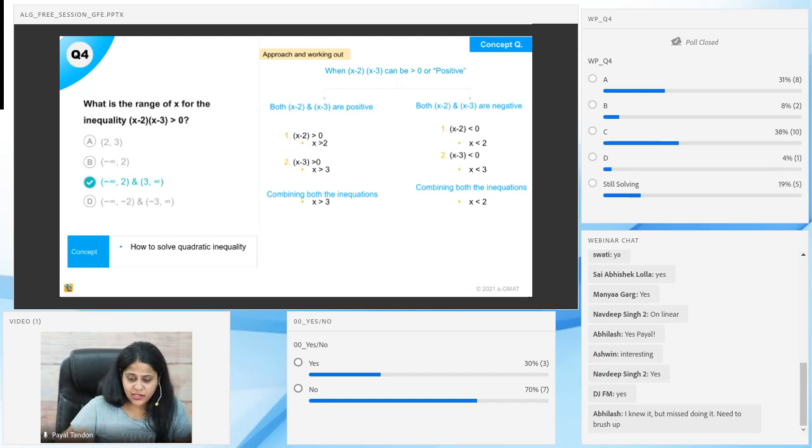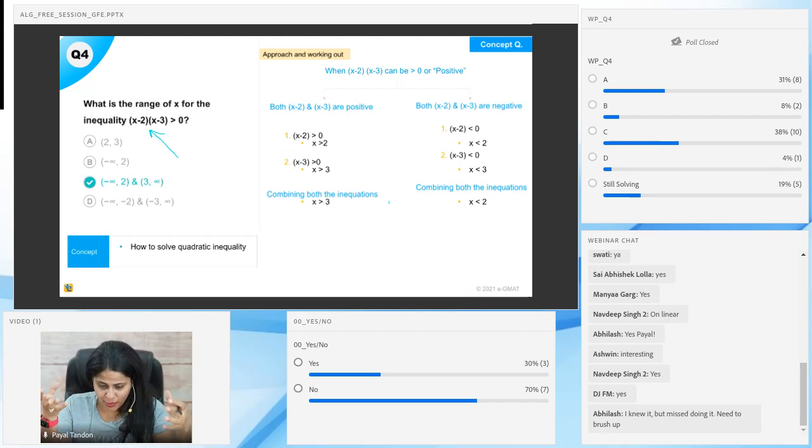All of these are concept based questions, but if you understand the logic behind it, essentially all we are saying is that the product of two numbers, one number is x minus 2, the other is x minus 3, is greater than 0. What does that mean if you apply your understanding of number properties? This means either both numbers would be positive or both numbers would be negative. Right with me so far?